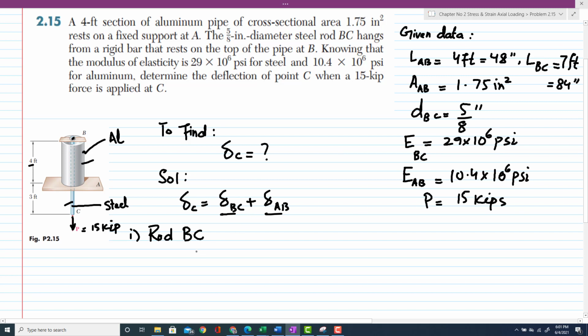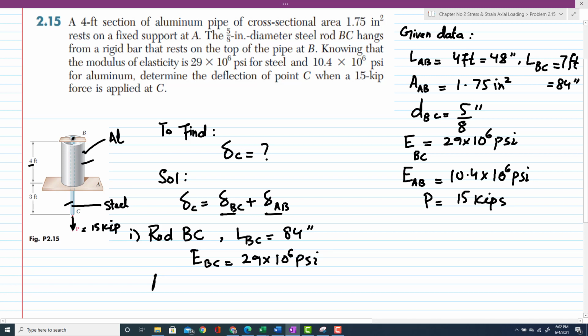So we have L_BC equal to 84 inch, and E_BC is given, that is 29 × 10⁶ psi.